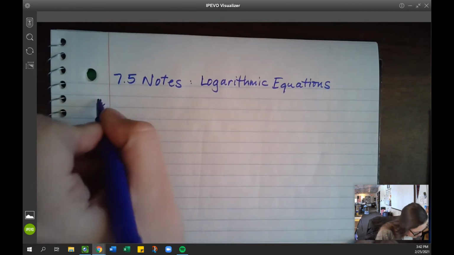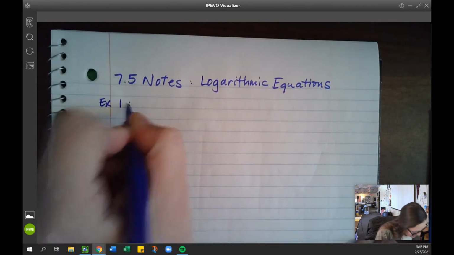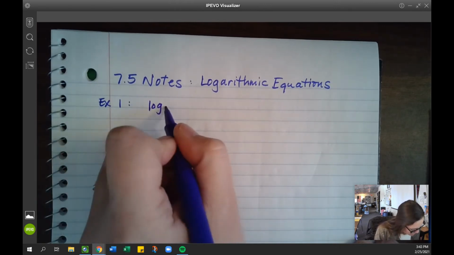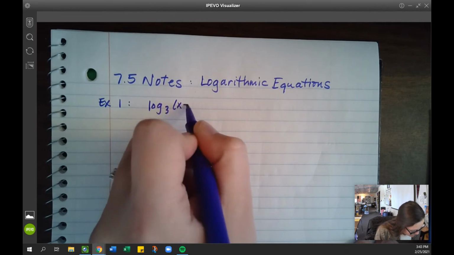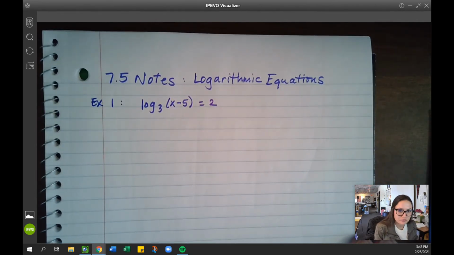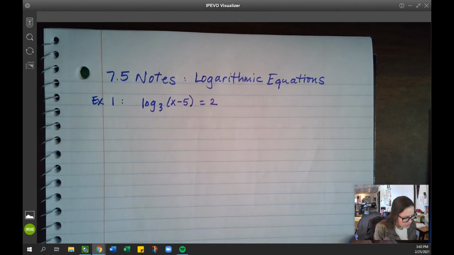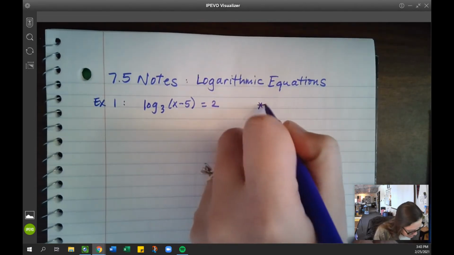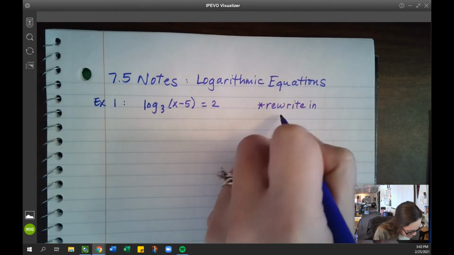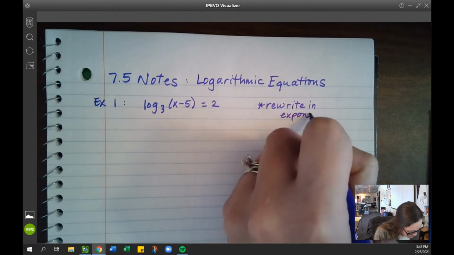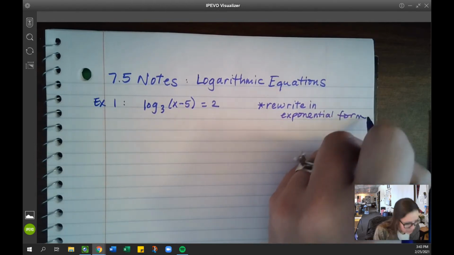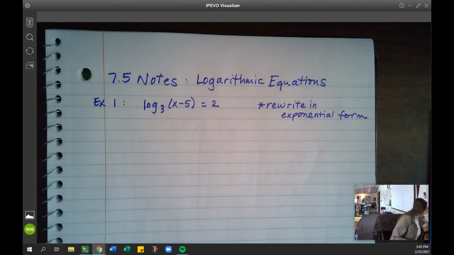So if I have a logarithmic equation, let's say I have log base 3 of x minus 5 equals 2. The key is to rewrite it in exponential form.